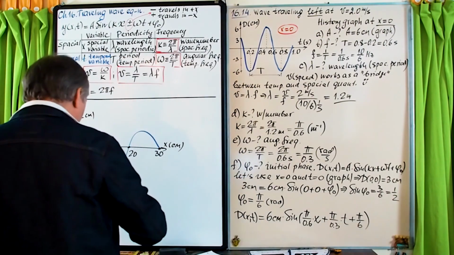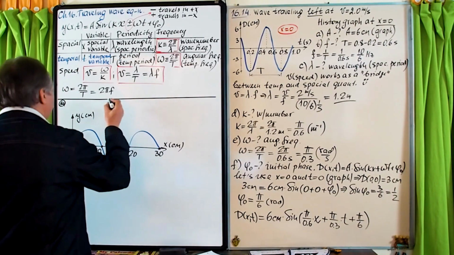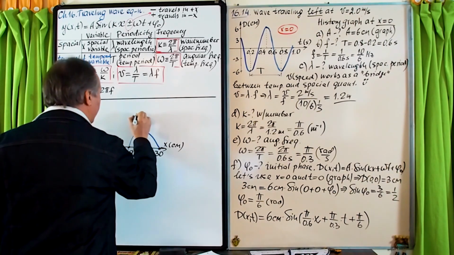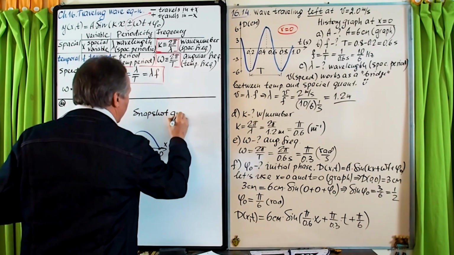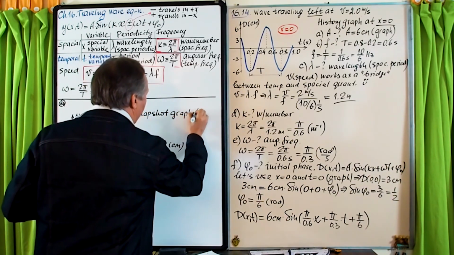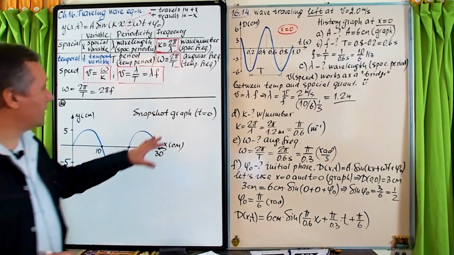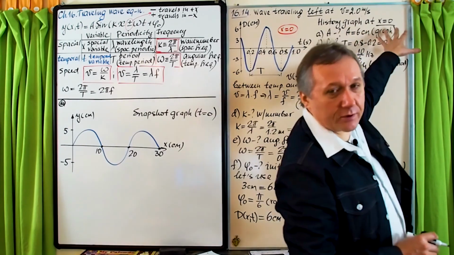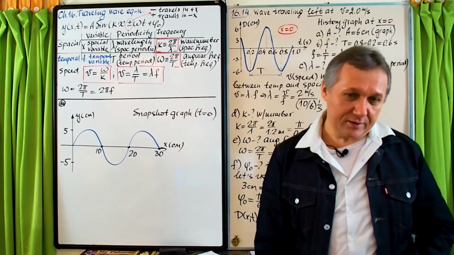So this is a snapshot graph, done at t equals 0. The previous one was the history graph at x equals 0. This is the snapshot graph at t equals 0.